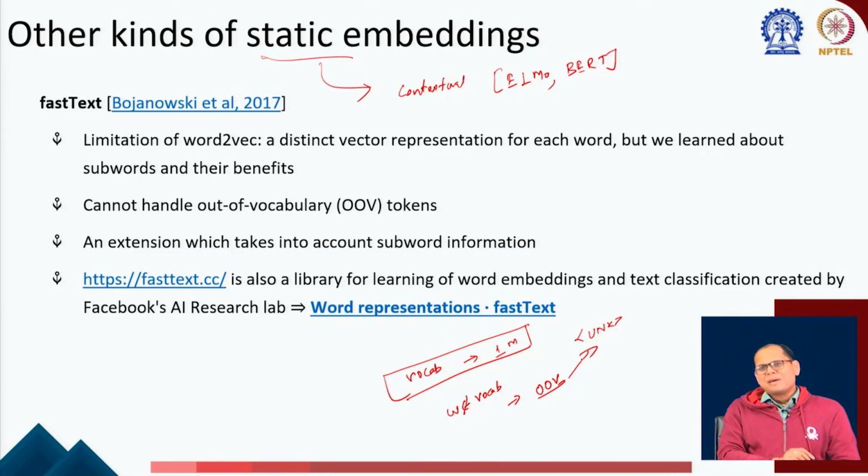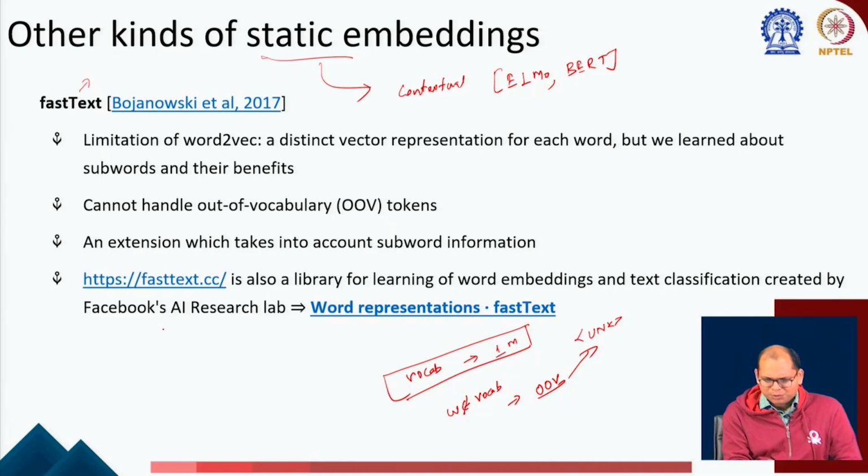Okay. So now how do we account for these out of vocabulary words? If you remember, this was our motivation for introducing subwords in the tokenization part, byte pair encoding. So the idea that FastText brought in was, can we learn the representation for these words by making use of the subwords, or their spellings, what are the characters that are involved in these words.